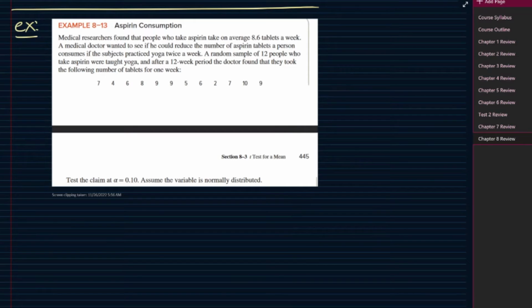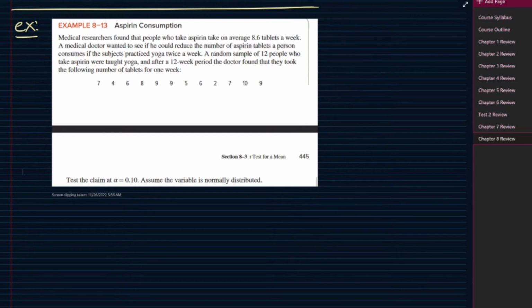Okay, so I've got another question here from the book. It says, medical researchers found that the people who take aspirin take on average 8.6 tablets a week. A medical doctor wanted to see if he could reduce the number of aspirin tablets a person consumes if the subjects practice yoga twice a week. A random sample of 12 people who take aspirin were taught yoga, and after a 12-week period, the doctor found that they took the following number of tablets for 1 week.